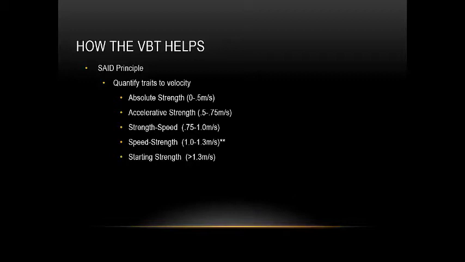Then we have strength speed and speed strength, and we've got this 30 to 70% of 1RM that's just kind of overlapping. Now, the strength speed is 0.75 to 1.0, and speed strength tends to be about 1.0 to 1.3. And the strength speed, we're looking more up around that 60% zone.